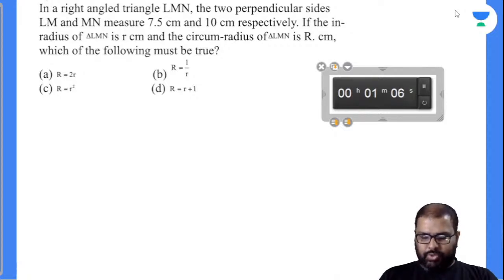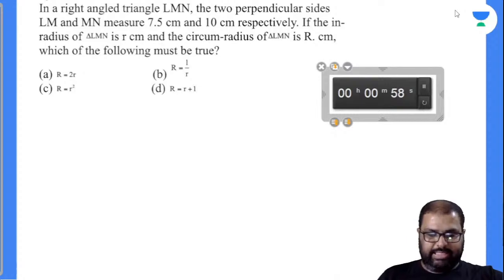I hope you remember the formula of circumcenter, circumradius, and inradius. Those who know this can solve the question very, very easily.